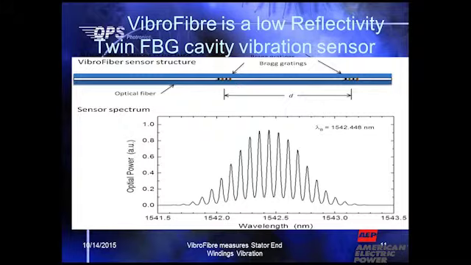Okay, this webinar particularly talks about an innovation that came from QPS. It's called the Vibra fiber. What it is, is a fiber grating interferometer. And shown pictorially is the model. There are two identical matching fiber Bragg gratings separated at a distance, and this distance we call the cavity.